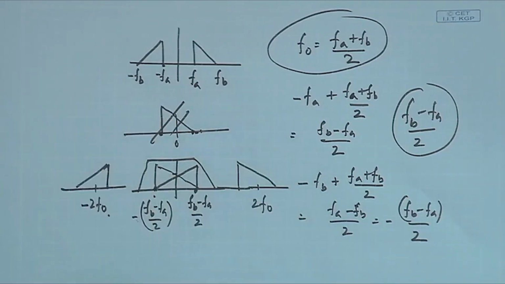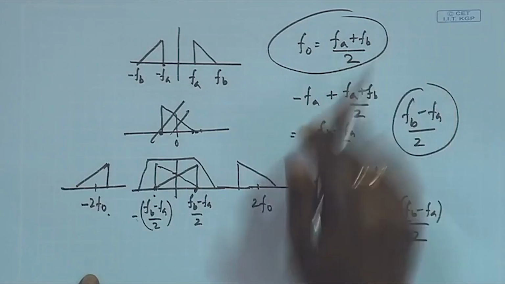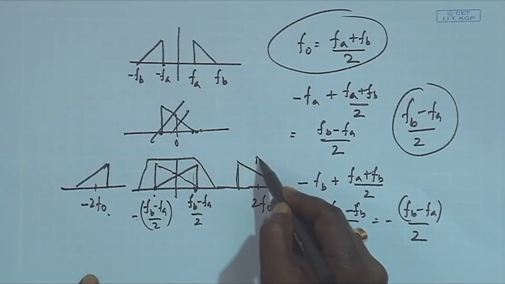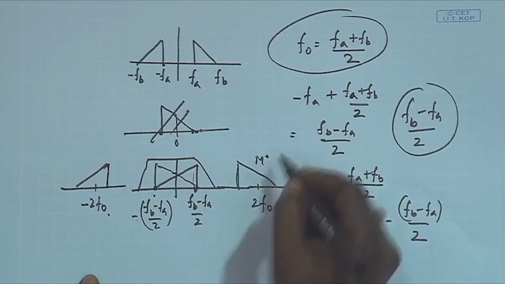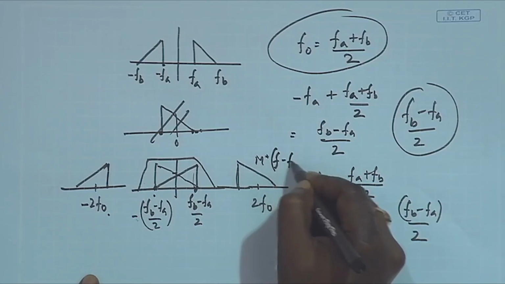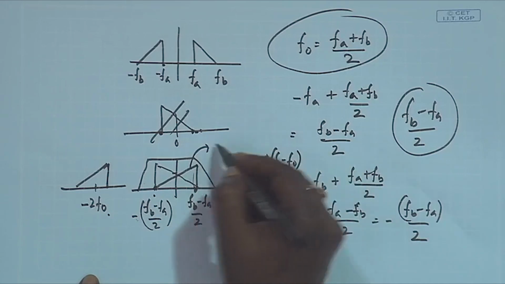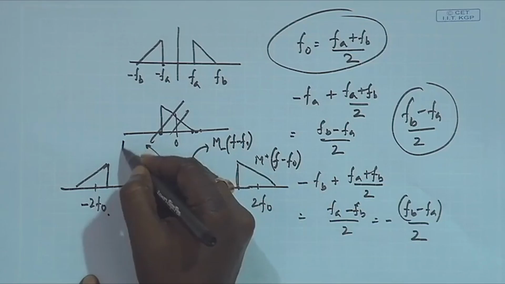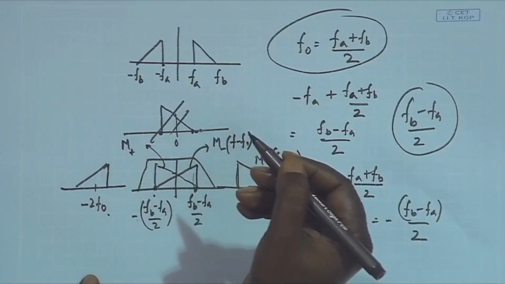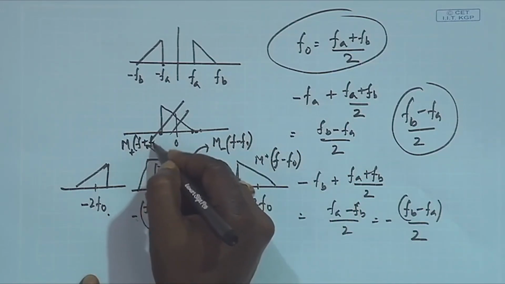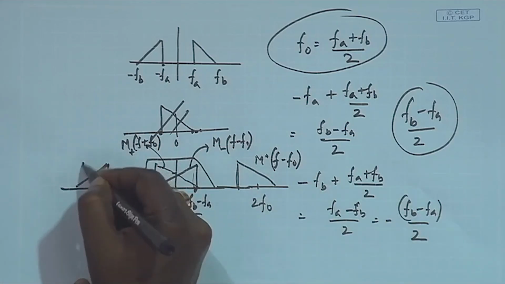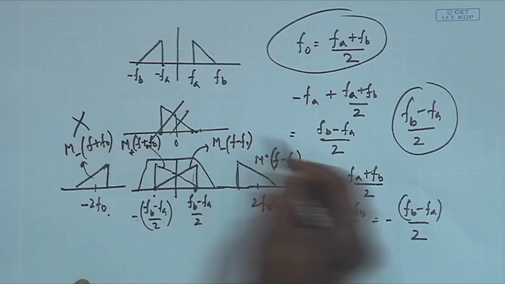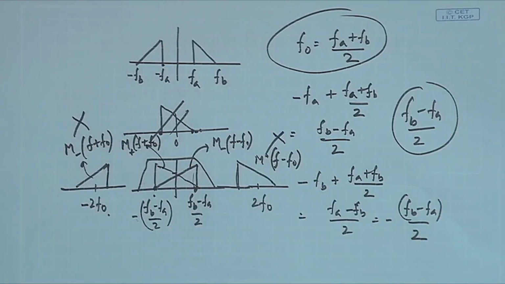See, the negative half, I give a translation, negative half is coming over here, positive half is going over there. This is the m plus part. So, I can write this m plus f minus f0, and this is actually m minus f minus f0, and this I can write as m plus f plus f0, this is on the other side, and this is actually m minus f plus f0, right. So, these two terms are getting rejected after the filtering.